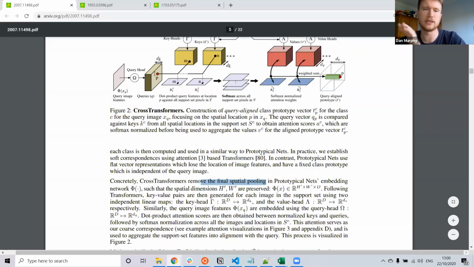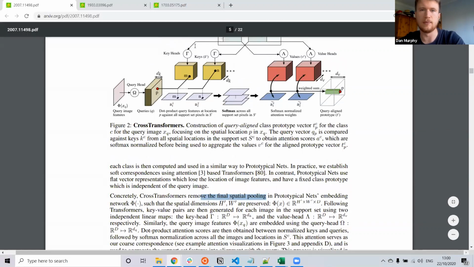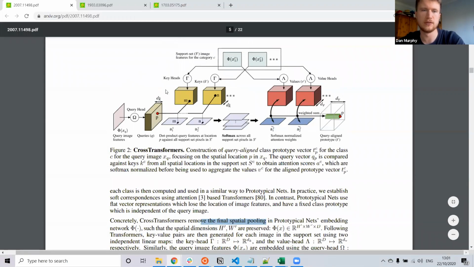It's not a pixel actually, it's an area, because it comes after the convolutions. So for the area in the query image and the area in the support set image, we just do a dot product between these vectors here, and this tells us the attention that we should pay to this area in this support set image for this area in the query image.